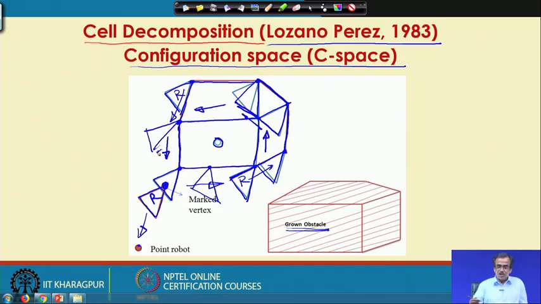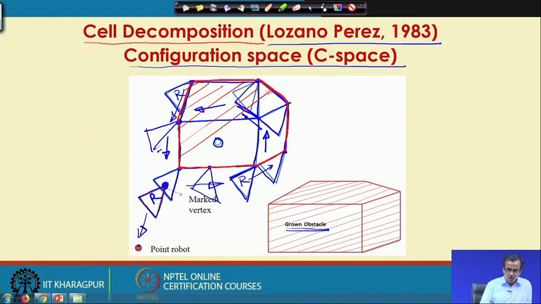Now, if this is the situation, then very easily we can find out the locus of the marked vertex. For example, we started from here, then the marked vertex moves like this, then like this, then like this, then it comes here, then here, and then here, and this is nothing but the grown obstacle.